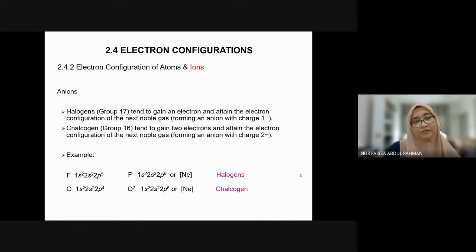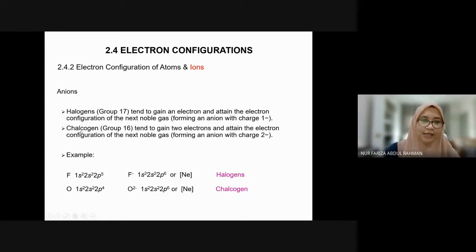So for anions, basically we have halogens and chalcogens. Halogens come from group 17, chalcogens come from group 16. Halogen requires 1 more electron in order to attain the electronic configuration of the noble gas. Dia 17 kan? So it needs to accept 1 more electron, and by doing so, it will have a negative 1 charge.